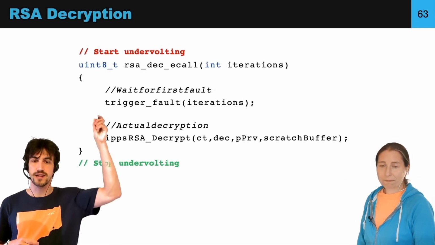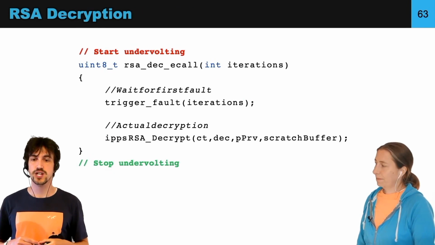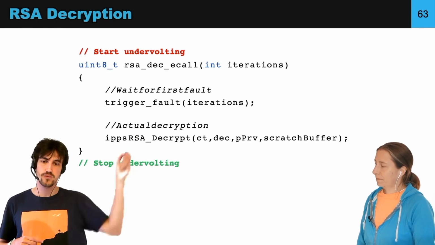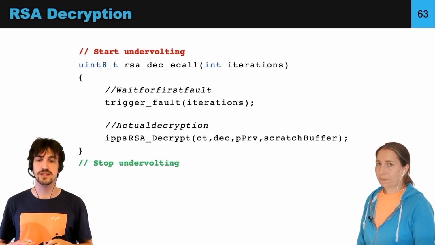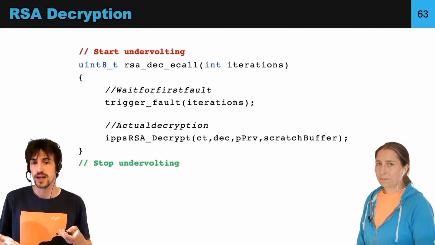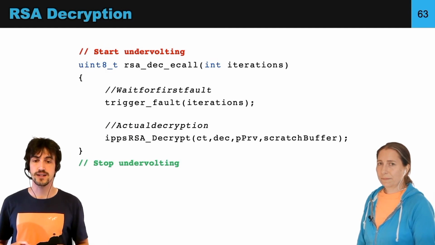We have here an SGX function. What we do in there is just use the Intel library function, ippsRSADecrypt, which uses this Chinese remainder theorem optimization, and we undervolt until we get a faulty decryption.